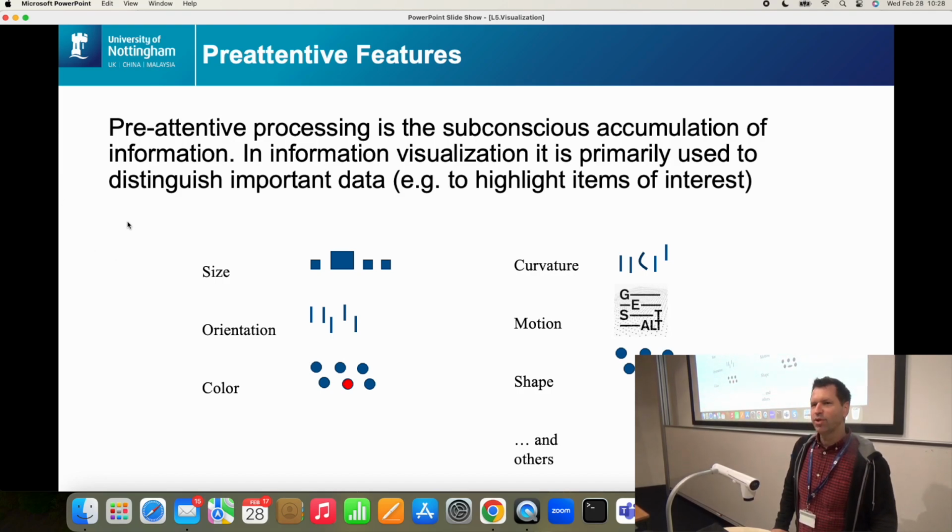So our perceptual system has different rates at which it processes information. There's a fast processing time and there's a slower processing time. And it's very similar to the way we think. So when we think, we also have a very fast gut reaction, like a knee-jerk reaction. When we see something or something happens, that's the fast part of the thinking.